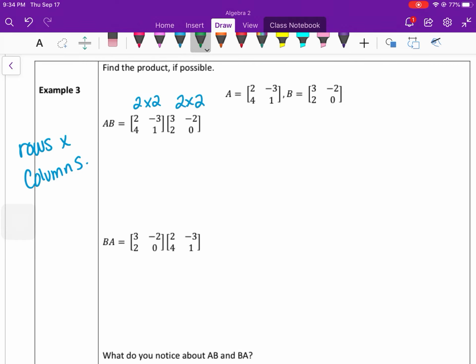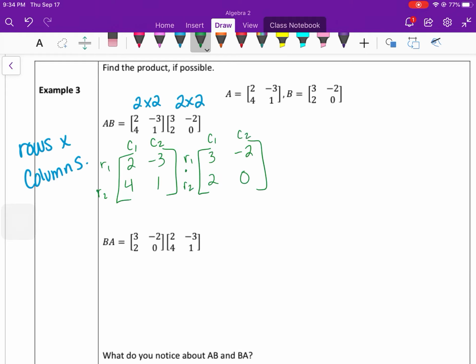I think I'm going to rewrite it. So 2, negative 3, 4, and 1. This is row 1, row 2, column 1, column 2, times 3, negative 2, 2, 0. So this is row 1, row 2, column 1, column 2.